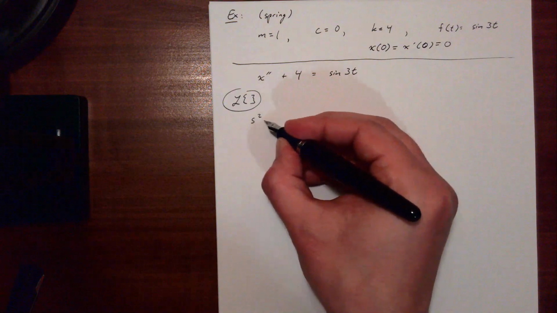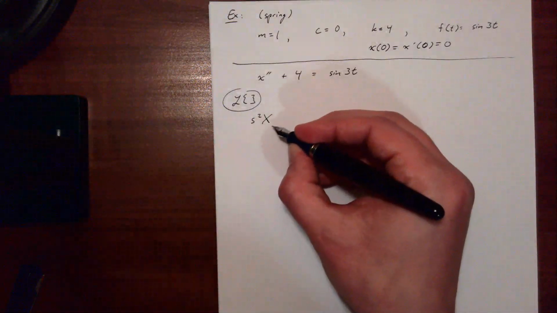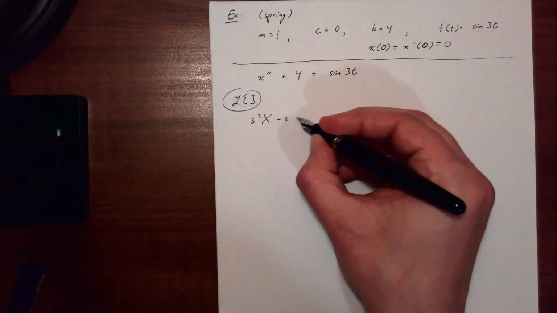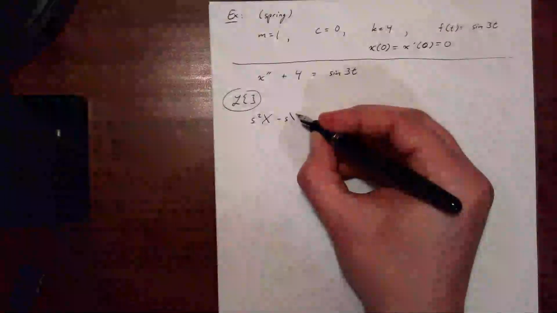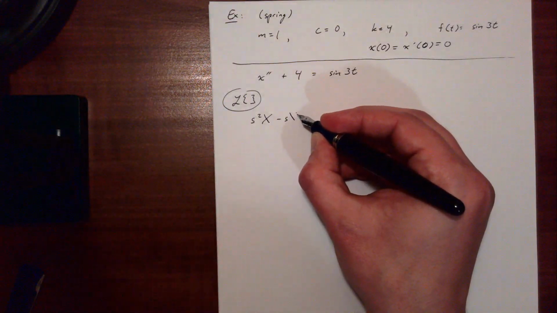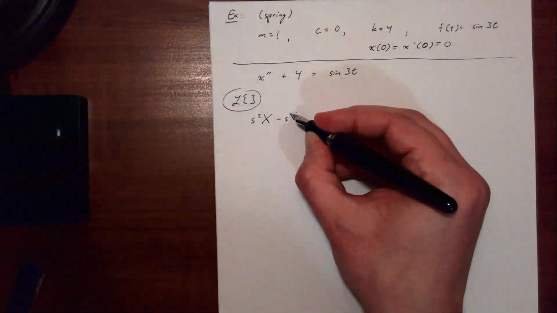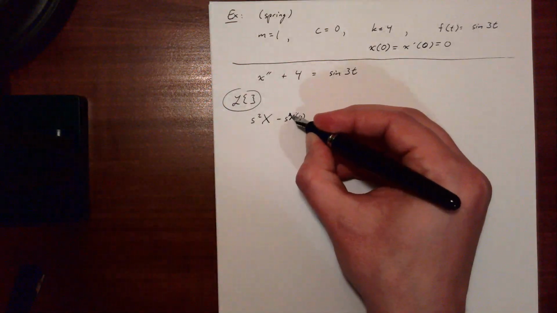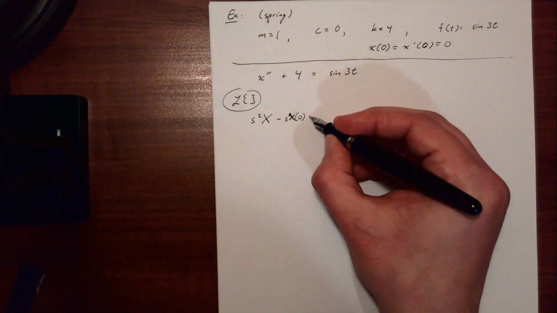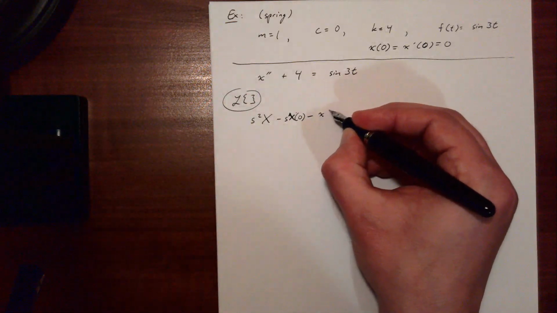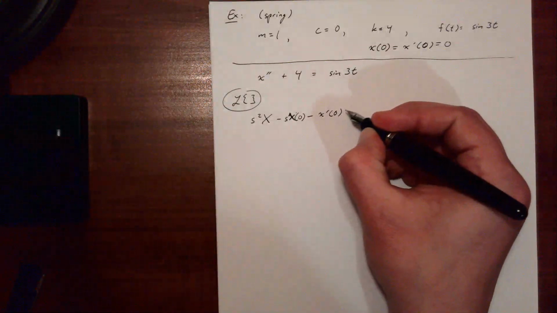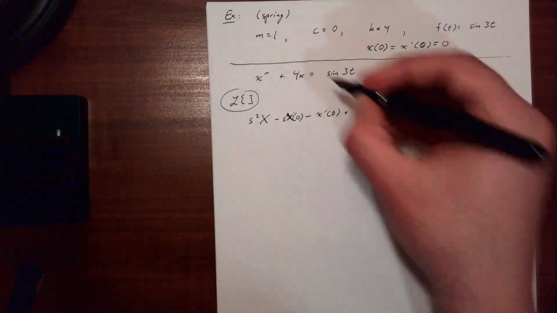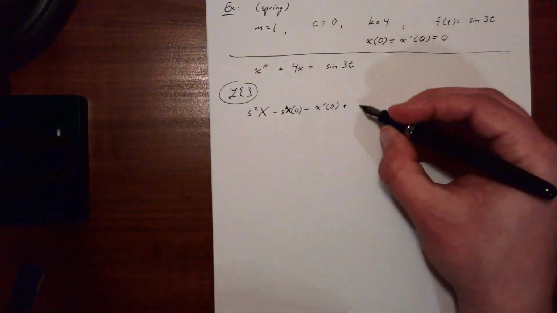So here what we get is s squared times capital X, where capital X stands for the Laplace transform of little x, minus s times x of 0, count down the s's, up the derivatives, minus x prime of 0, plus 4X. Sorry, something felt wrong, that part was missing right there.